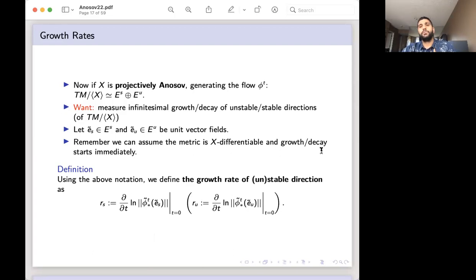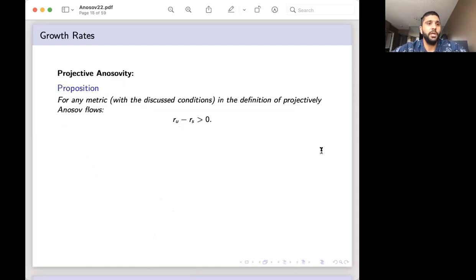But now how can I use these two very natural quantities to reformulate the condition of Anosovity? The first, easy proposition is that for any metric which I can use in the definition of a projectively Anosov flow, I will have RU minus RS as a positive number.